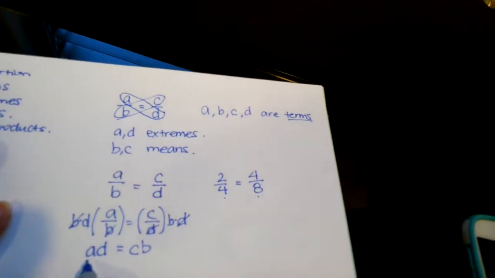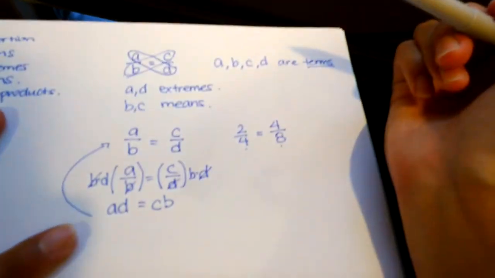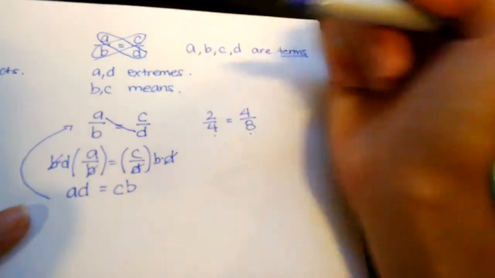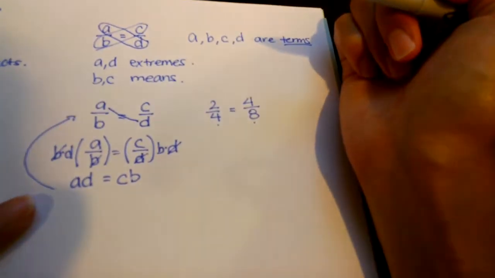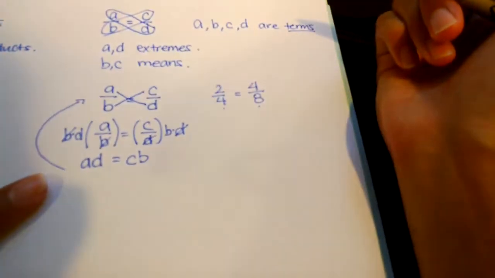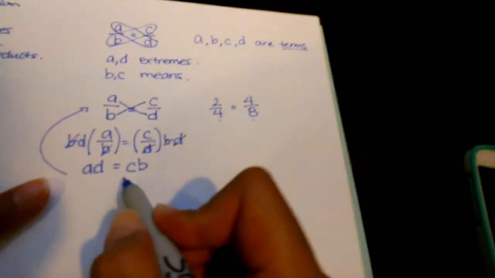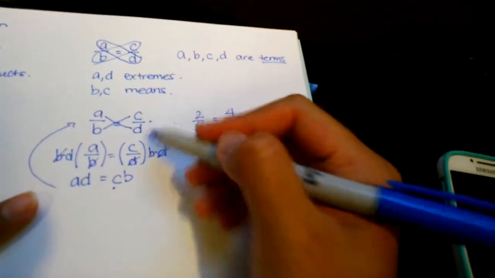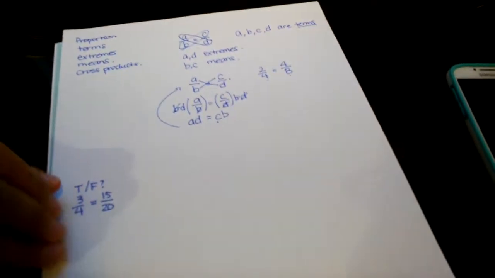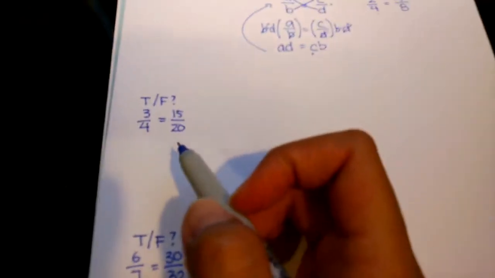This is called the cross product, because if we look at it from the original, you're multiplying across essentially. So you're multiplying the extremes together to get one side, and then you're multiplying the means together to get the other side. And if this is true, then this has to be true because they're all equivalent equations that we've just written.